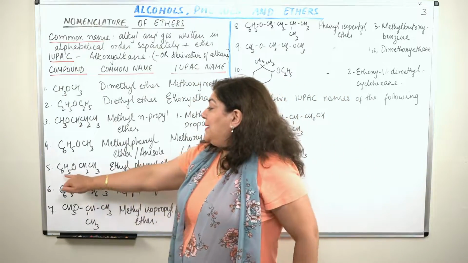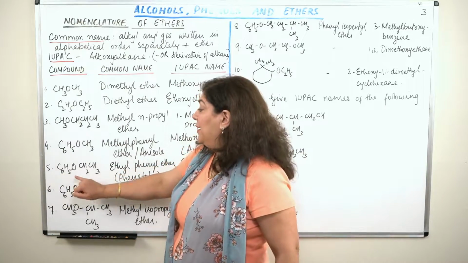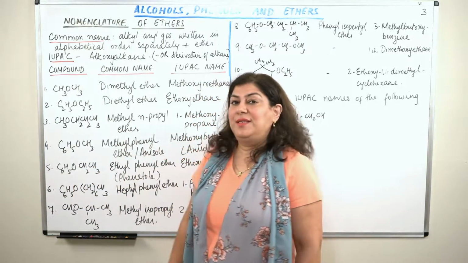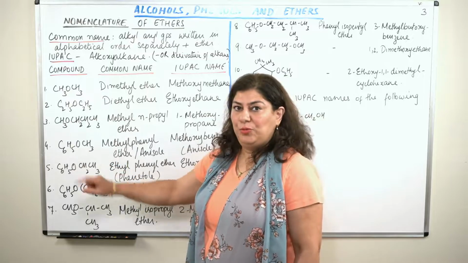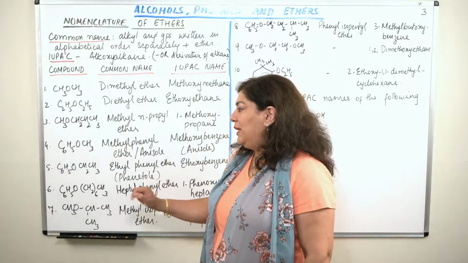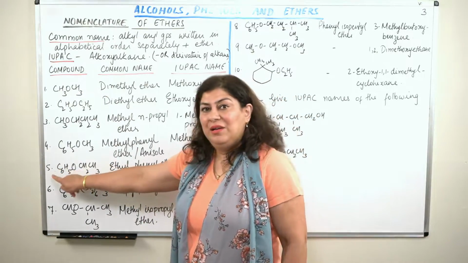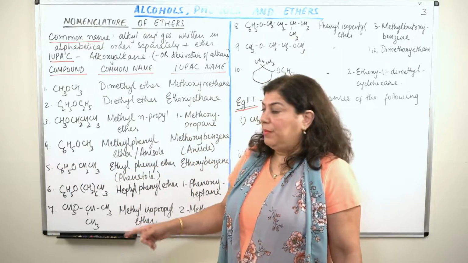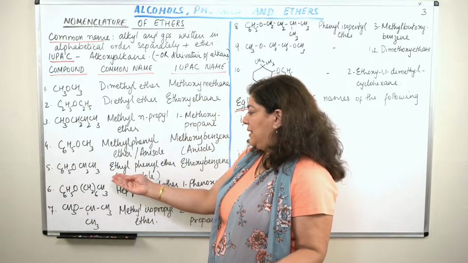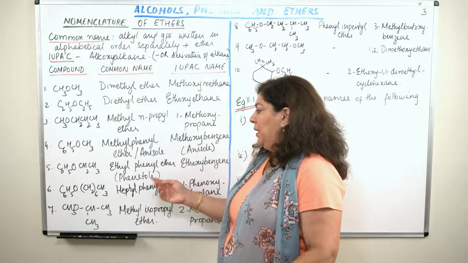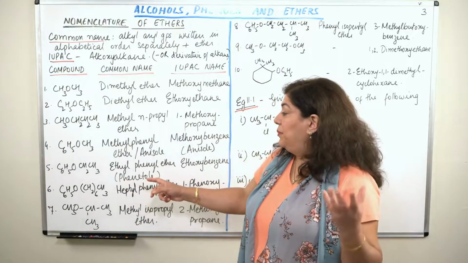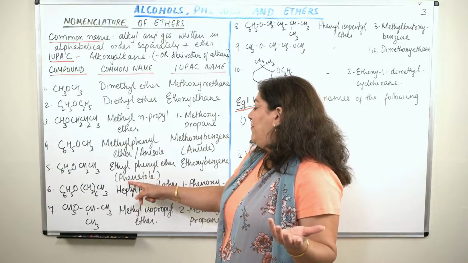Next compound. C6H5, again a benzene ring. O, CH2CH3, this is ethane or ethyl group. Again, in common nomenclature, this will be ethyl phenyl ether. Because E comes before P, so it is ethyl phenyl ether. And it has also been given a general name, which is phenitol.